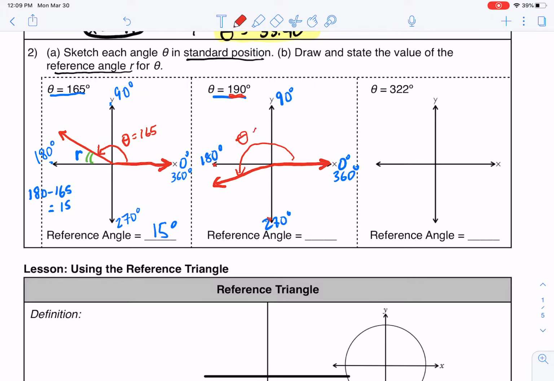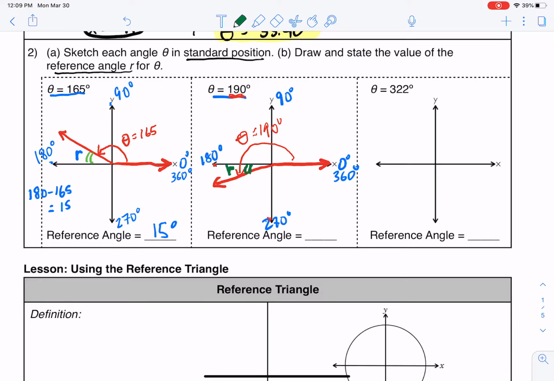And theta here was 190. Okay, finally I'm going to indicate my reference angle. Now, again, the reference angle is the distance between the terminal side and the x-axis. In this problem, that's that little bitty distance here.